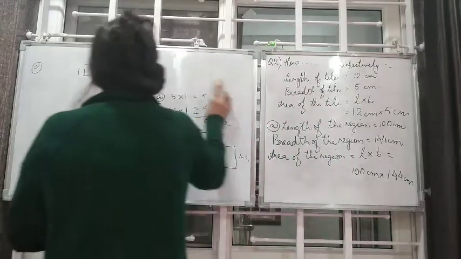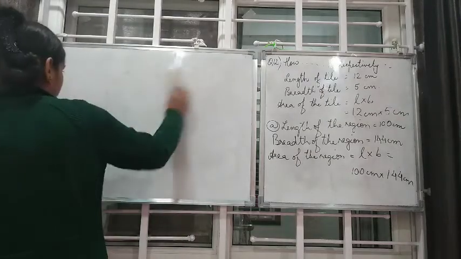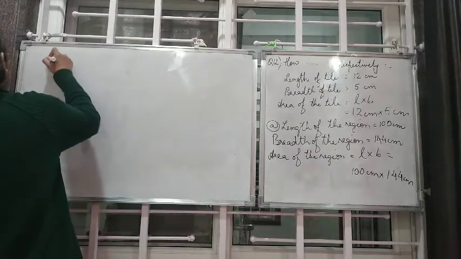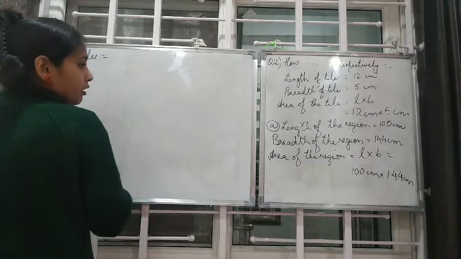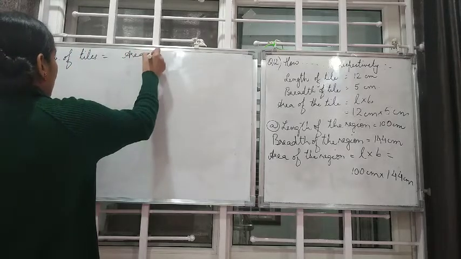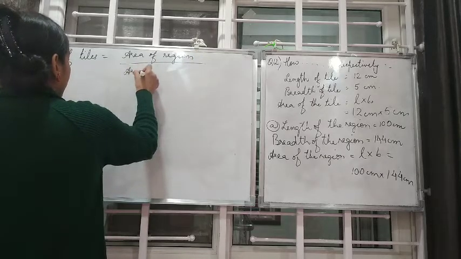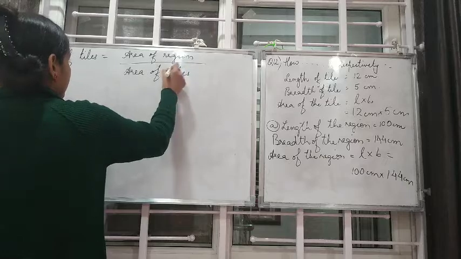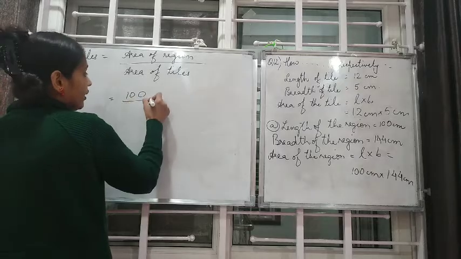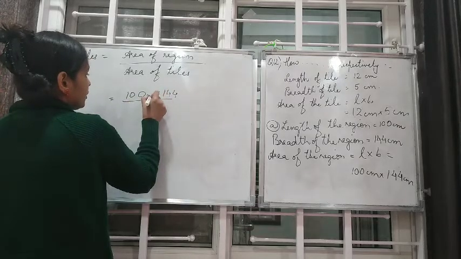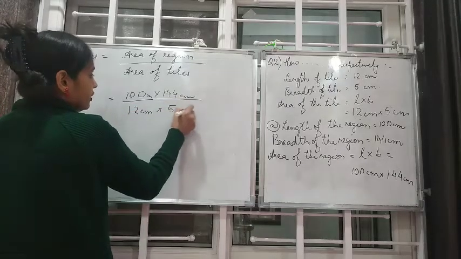Now we need to find the number of tiles. For that we will divide the two areas. Number of tiles, that is area of region upon area of tiles, which is equal to 100 into 144 centimeter upon 12 centimeter into 5 centimeter.